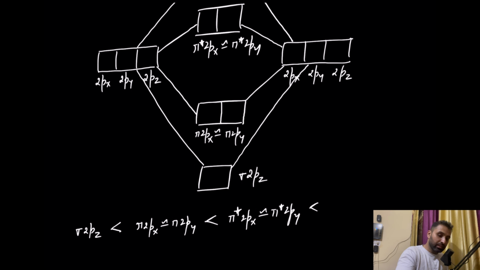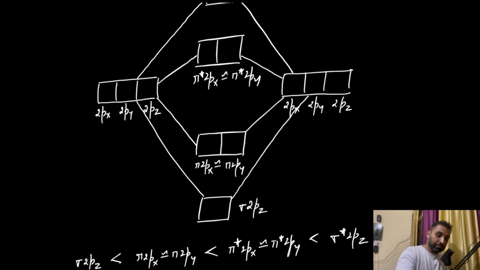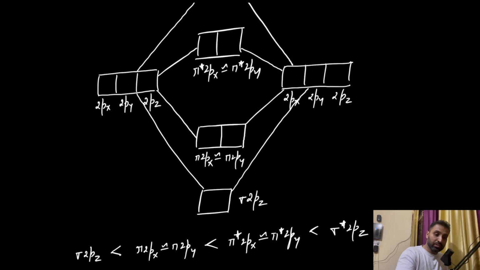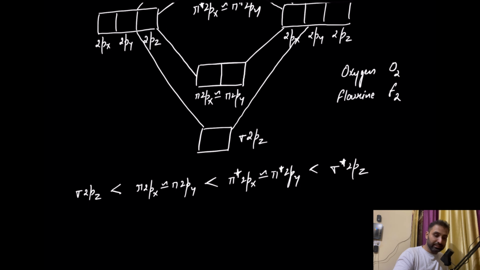And lastly, sigma star 2pz will have the highest energy. Now, but this energy order will be applicable for oxygen, that's O2 molecule, fluorine, that's F2 molecule. For nitrogen, there is a minor change.